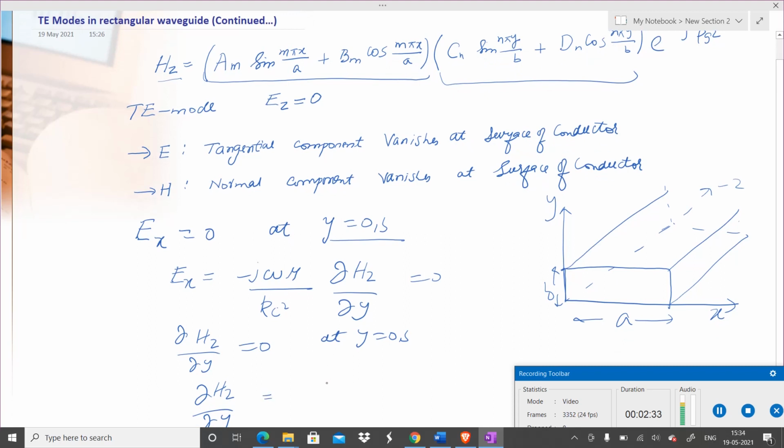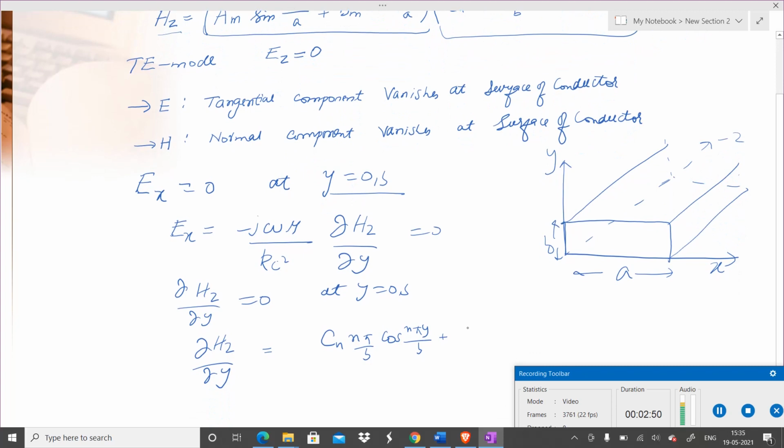It will become Cn n pi by b cos of n pi y by b, plus the other part, Dn cos, which will become minus Dn n pi by b sine of n pi y by b.